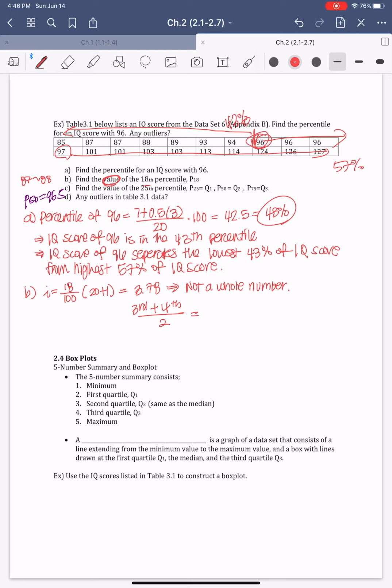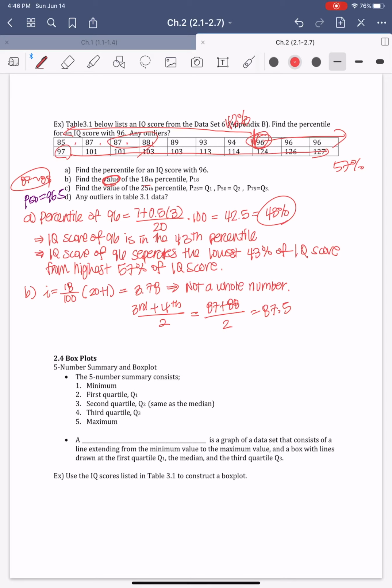You go back to the list and look at the third and then fourth: 1, 2, 3, 4. This one, 87, 88. 87 plus 88 divided by 2, so I get 87.5, which was our prediction. So that's good, between 87 to 88.